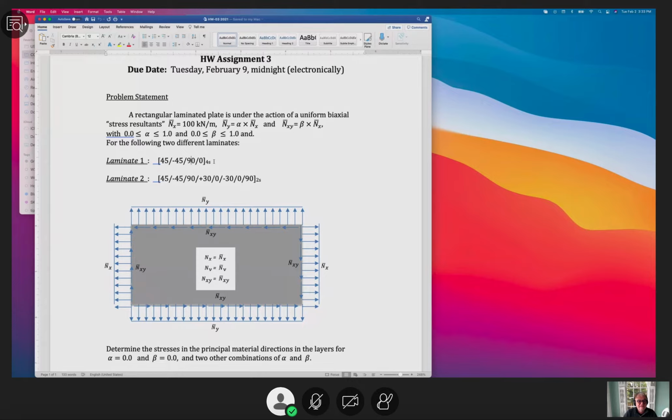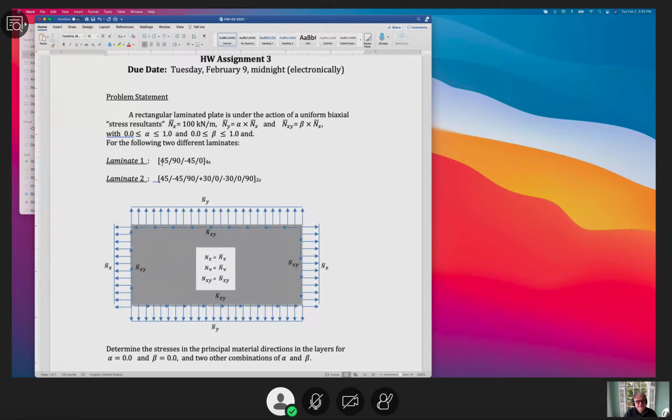For the A matrix, the change that I'm going to be making will make no difference. But I'm going to put the 90 here and 45 afterwards, and then 0.